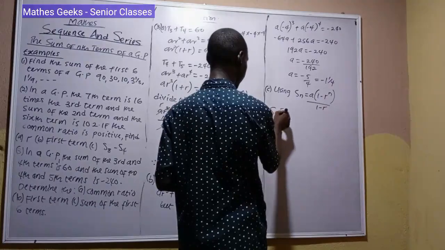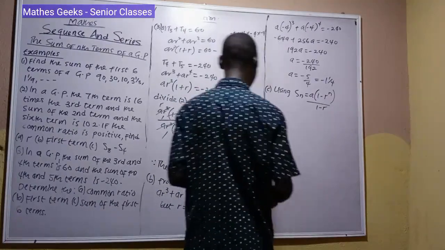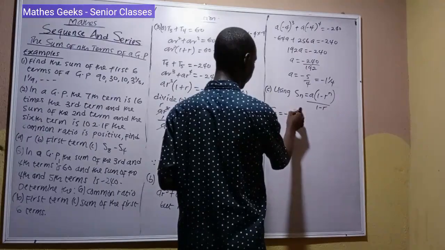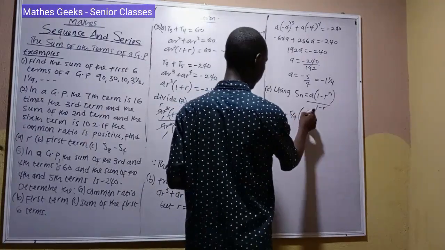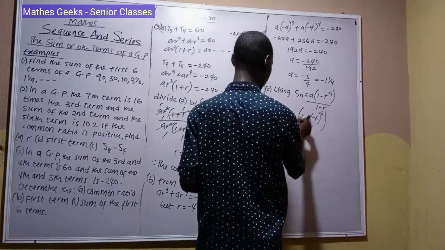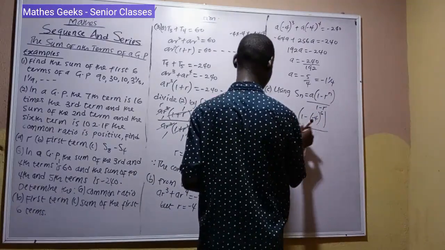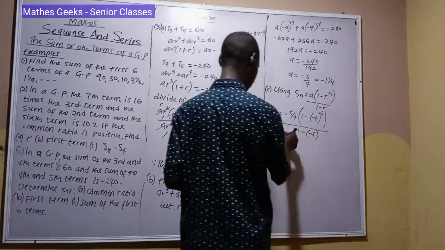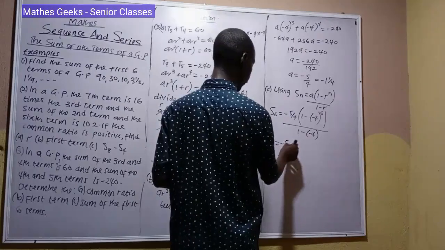So S6, the sum of the first 6 terms, equals first term minus 5 over 4, times 1 minus (minus 4)^6, over 1 minus (minus 4).